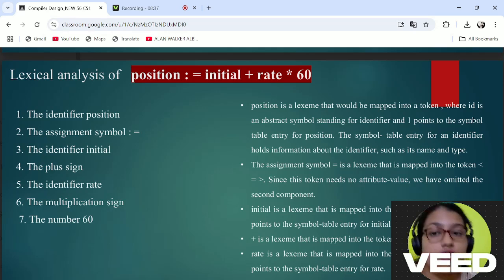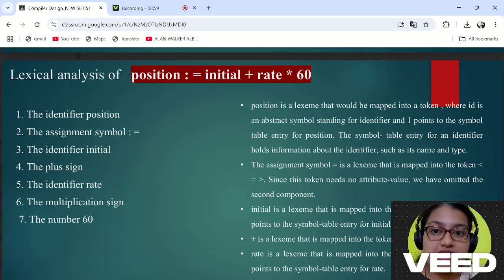The position of the ID is the first one, it points to the first one. That is why I have written ID, 1. The symbol table entry for an identifier holds information about the identifier, such as its name and type.